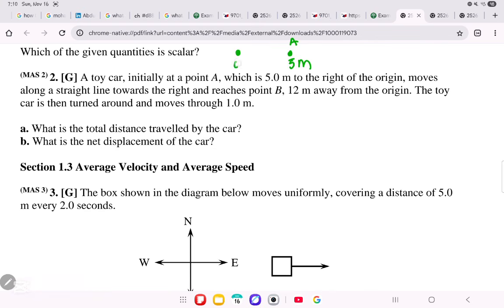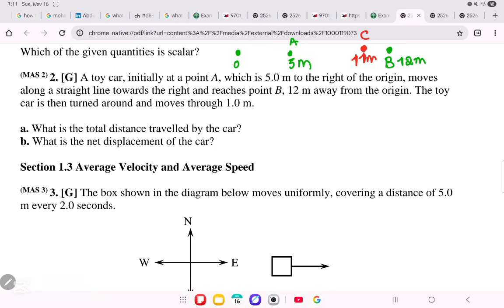So I'm gonna put my origin over here. It moves until it reaches point B, which is 12 meters away from the origin. Then the car is turned around and moves through 1 meter. This means it will turn around and go to point C, which is 12 minus 1, which is 11 meters.